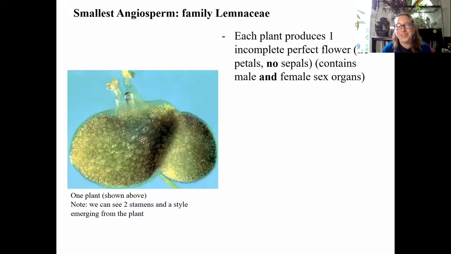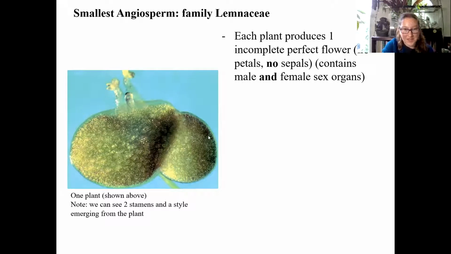So note, in the top, it says it on the slide, guys. Each plant produces one incomplete and perfect flower. Perfect because it has male and female sex organs. Okay, you guys haven't woken up yet. I get it. But wake up, let's go.